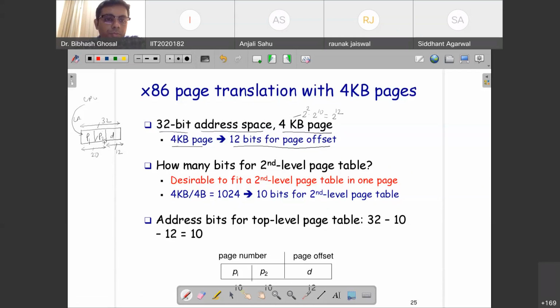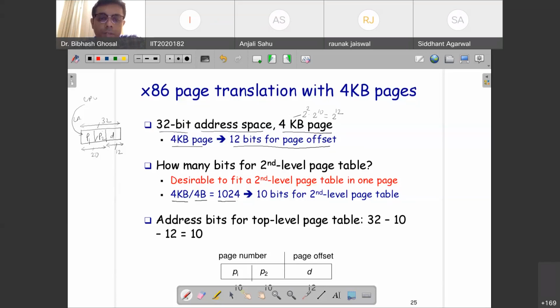Let's begin with P2. Every page is of size 4 KB. So the question is, if I divide this page into its entries, how many can I create? 4 KB is the size, and 4 bytes is the size of each entry.